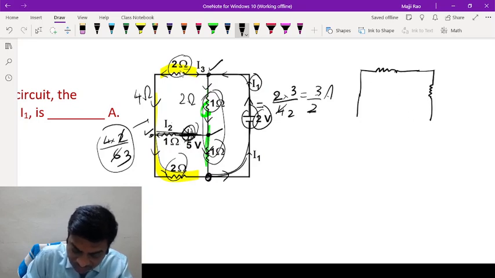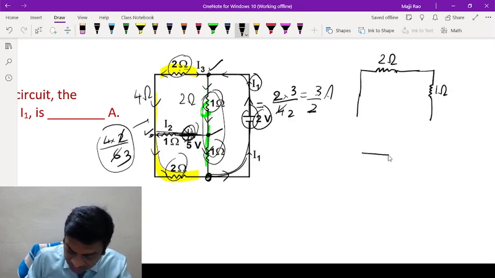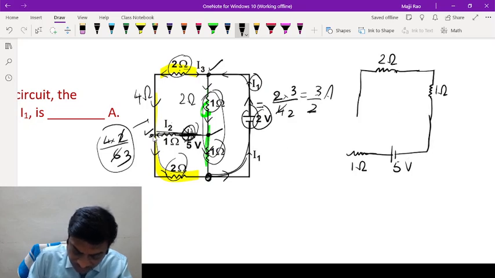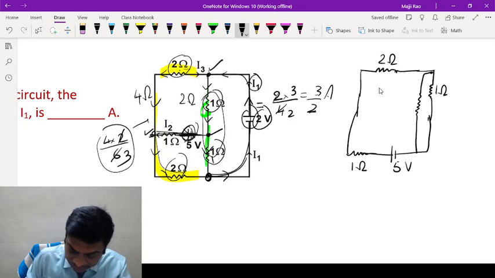This 2 ohm I'll draw here, this 1 ohm I'll draw here. Again there's a cell here, a 1 ohm resistance, and a 5 volt cell. Then since these two are connected, you have it like this and again like this.